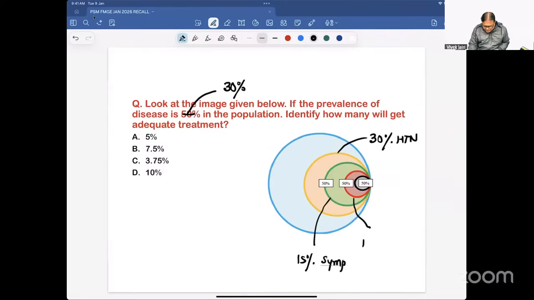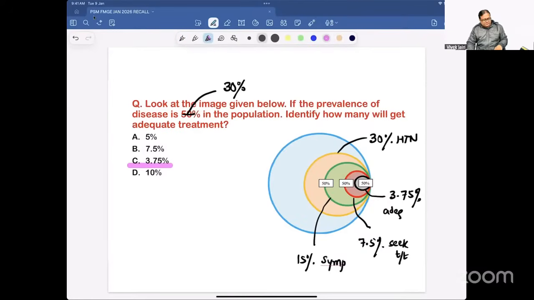Out of them, 7.5% will seek treatment, and it is half of that, 3.75%, who will get adequate treatment. So if prevalence was 30, half 15, half 7.5, half 3.75. So it was purely a mathematical calculation, right?